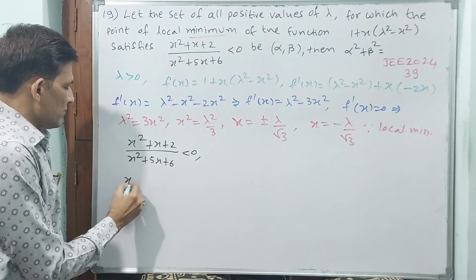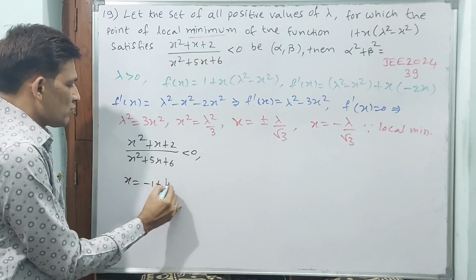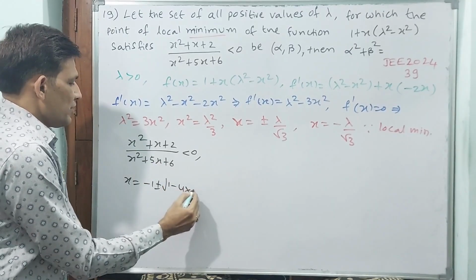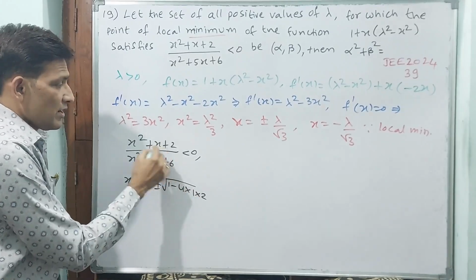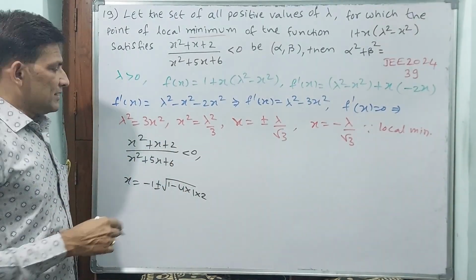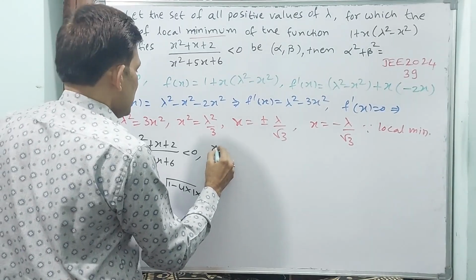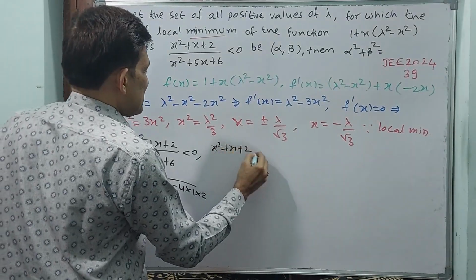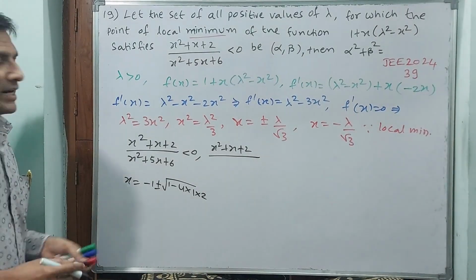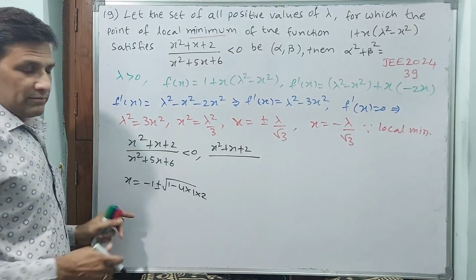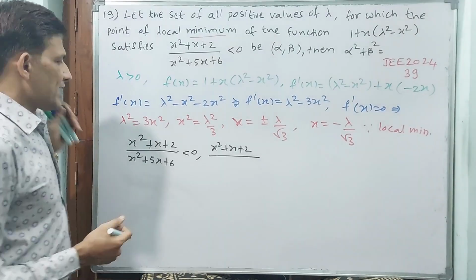Because x is equal to minus b plus or minus square root of b square minus 4ac, here from the numerator we don't get anything. That is why we are not taking the numerator. In the numerator we are not getting a critical point, because the discriminant is not greater than 0, it is not a real number.